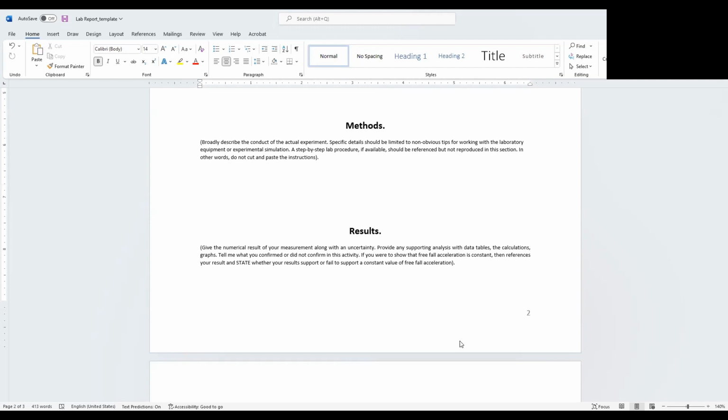That means your expectations, right? If, for example, in one of the labs you are finding the acceleration of gravity by an experiment on free fall, then you can mention if the acceleration of gravity that you have obtained is in correspondence with the expected acceleration of gravity.